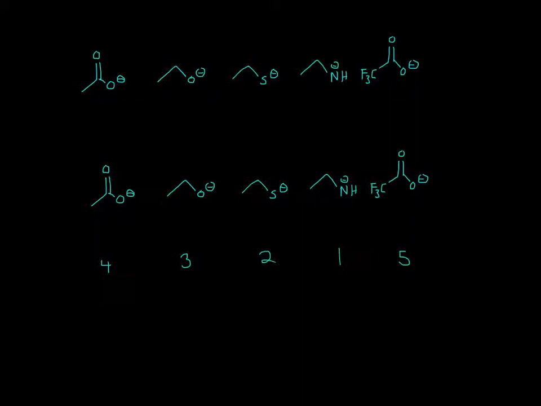So if it's a competition between 2 atoms and they're diagonal from each other, the one on the top will usually win. Nitrogen is above sulfur, so nitrogen wins. It will be number 1 and sulfur will be number 2.